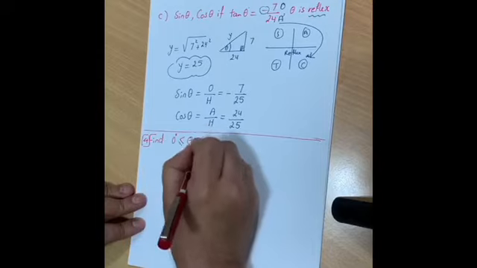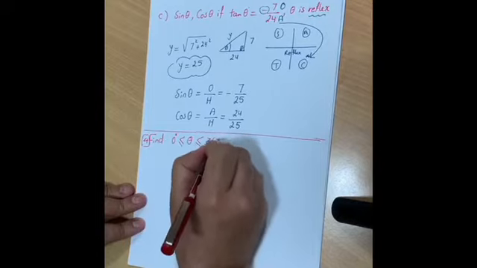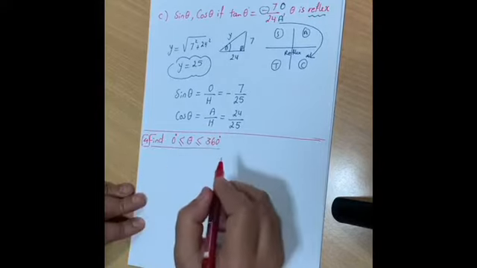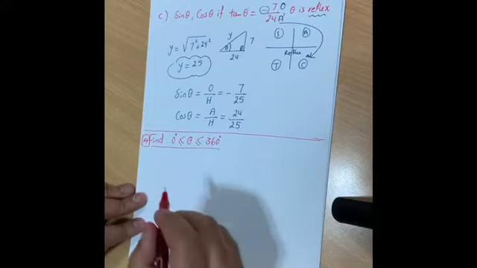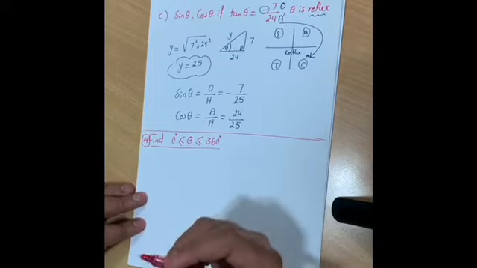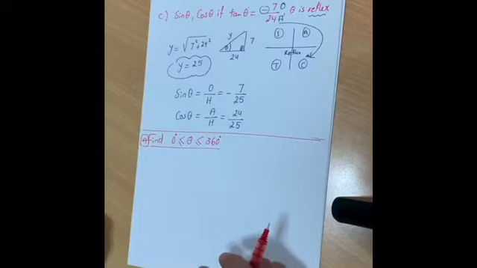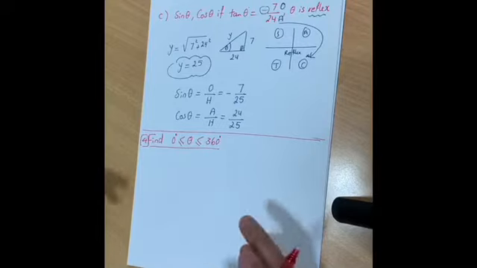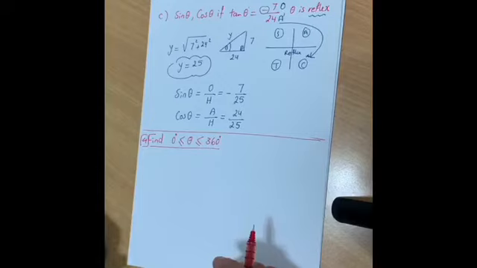between 0 and 360. I know in the question they didn't mention the range in this form. They said theta from 0 to 360 inclusive. What does inclusive mean? Inclusive means these 2 angles are included in the range. Fine.